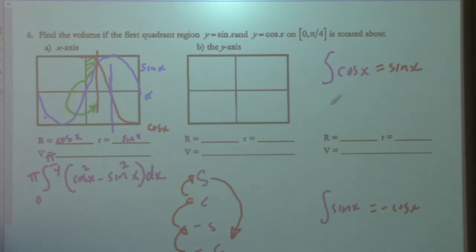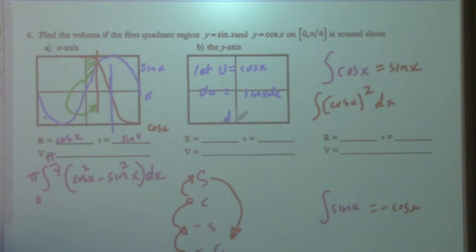And then, just to piece it out a little more, what's the integral of cosine squared x? Well, if you take cosine x and square it. Now you can do this a bunch of different ways. Probably, to me, the easiest way to do this is take a u substitution. So if we let u equal cosine x, then du is equal to negative sine x dx.